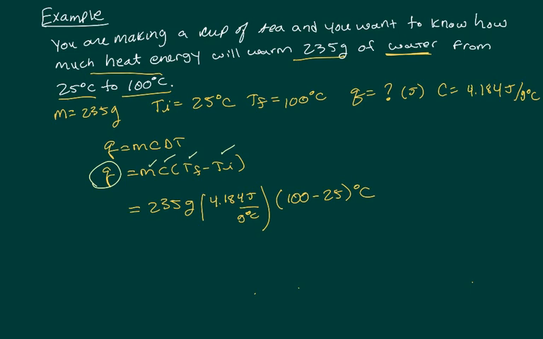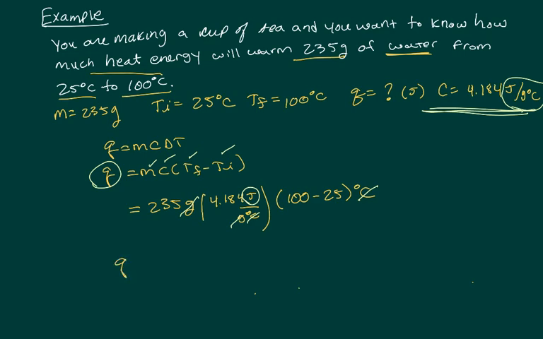You always want to make sure that your units cancel out, and usually your C will give you the units that you need to convert everything else to. So notice our grams cancel, our degrees Celsius cancels, and we're left with joules, which is what our desired unit is, what we want our final unit to be.